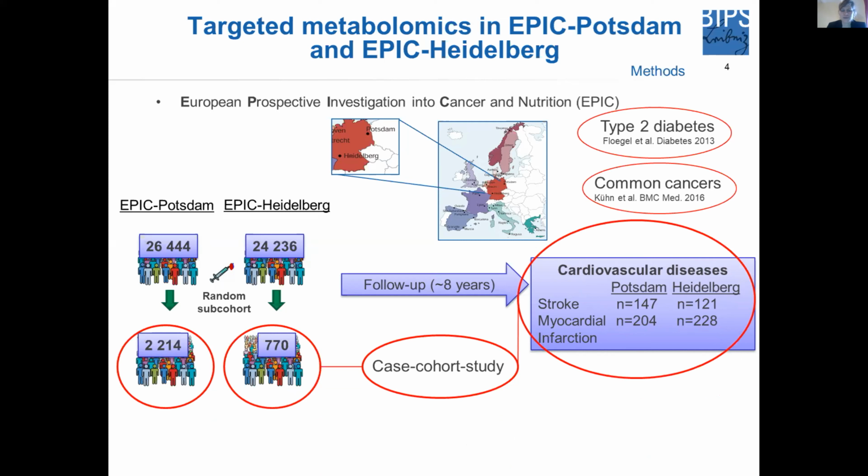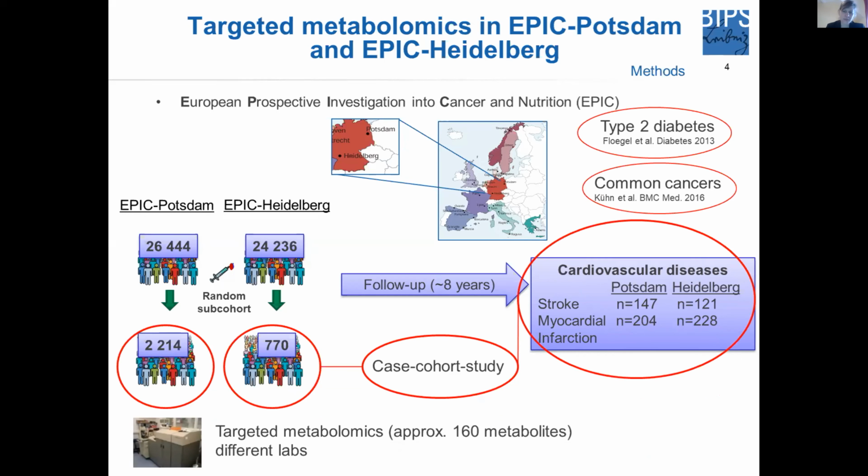And the advantage of this approach is that you can use the same control group for many diseases because it was drawn randomly. So then you can just measure metabolomics in the subcohort and in the cases, and you can do your analysis.